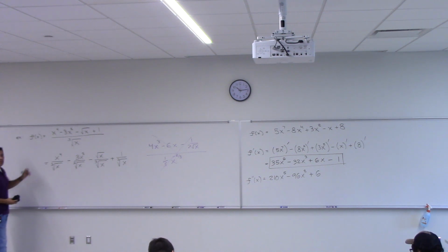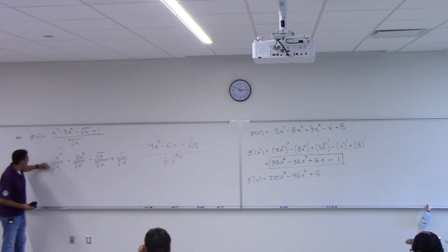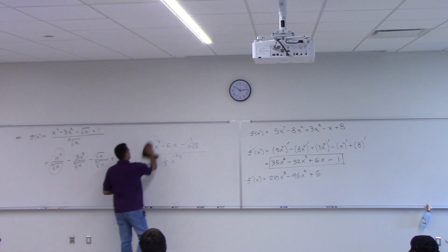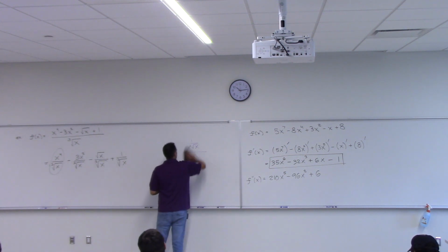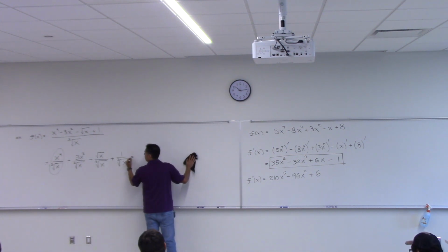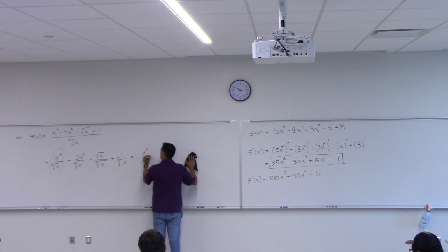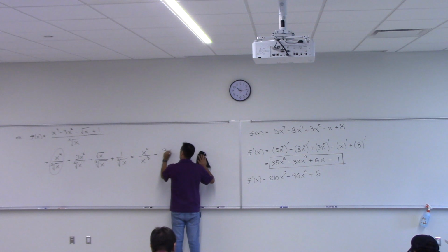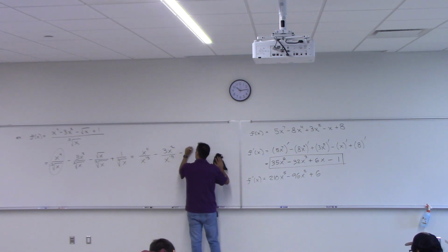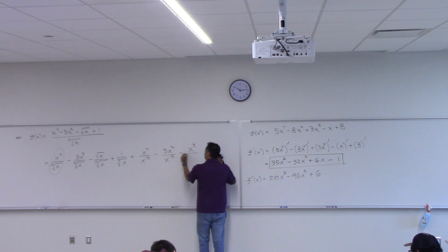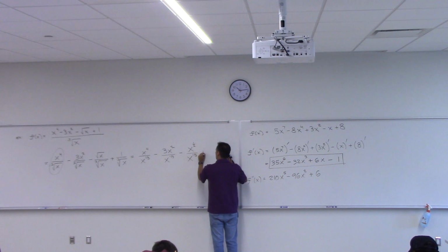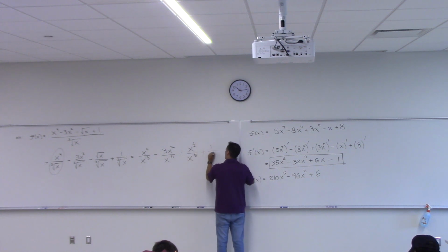Now, each one of these can be written as a power of x, because this is really x to the 4th over x to the 1/3. Let me just keep going. Minus 3x squared over x to the 1/3, minus x to the half over x to the 1/3, plus 1 over x to the 1/3.